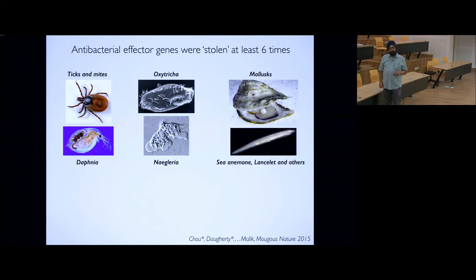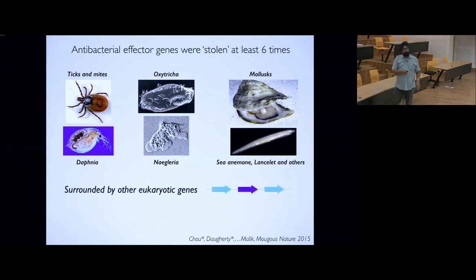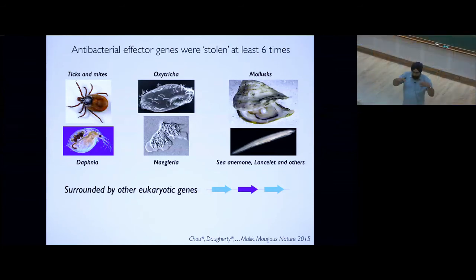So what do we do next? Well, let's pay attention to some quality checks: is this contamination or not? The first evidence is that these were part of contigs where the gene of interest, these deaminases, were in fact surrounded by bona fide eukaryotic origin genes. So that makes you feel at least a little good, right? The genomic context in which they were discovered was eukaryotic, so that increases the probability that these are in fact eukaryotic.